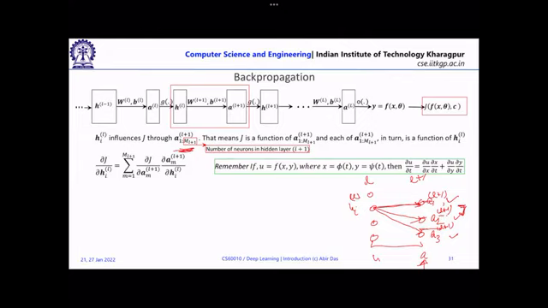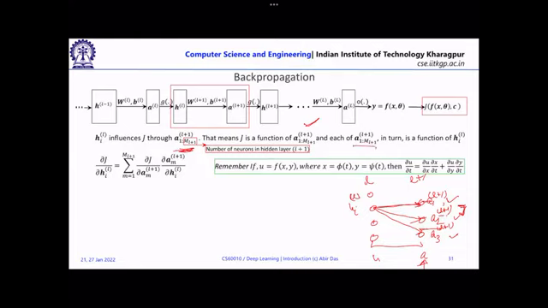What I mean by this, let me wait for say 5-10 seconds. Hopefully. Okay. Now, that means again, the same statement taken from top down. So then that means J is a function of A1 to ML plus 1 of the L plus 1th layer.